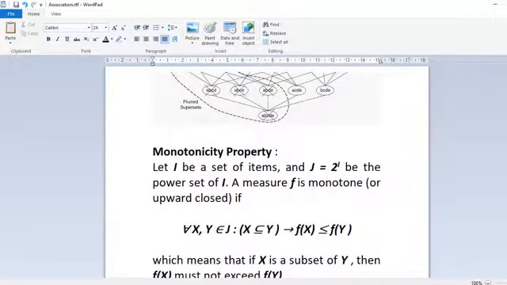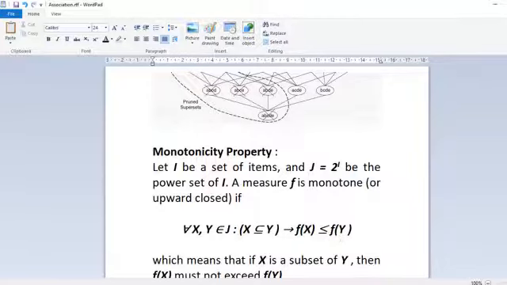The definition goes like this: let I be a set of items, then J equal to 2 to the power of I be the power set of I. By set theory, a measure f is monotone or upward closed if for all x, y belonging to J, x is a subset of y implies f of x is less than or equal to f of y.